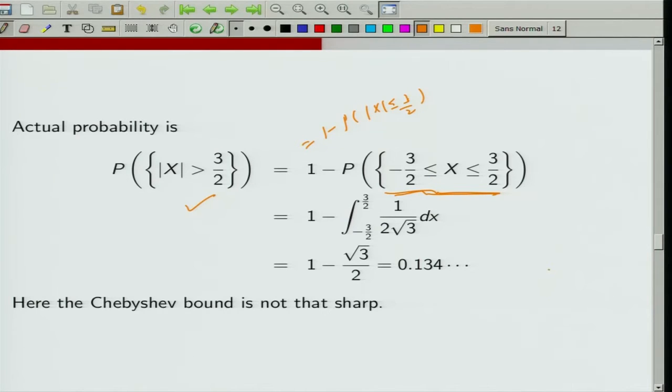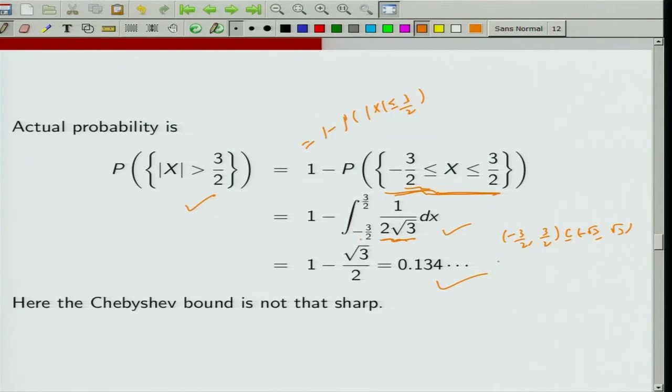Your PDF is nonzero from minus root 3 to root 3, it is 1 by 2 root 3. And the interval minus 3 by 2 to 3 by 2 is contained in minus root 3 to root 3. So that is why you integrate it over here.